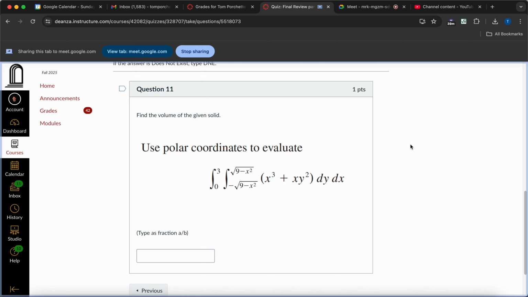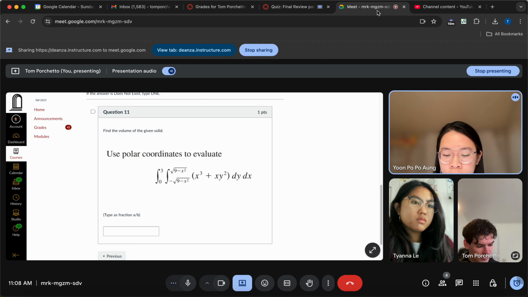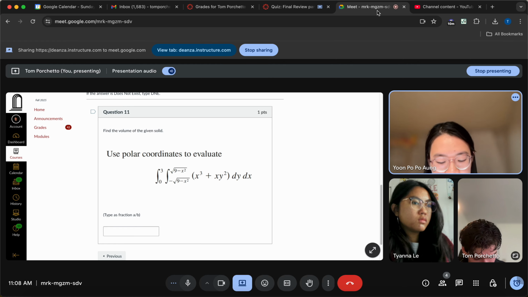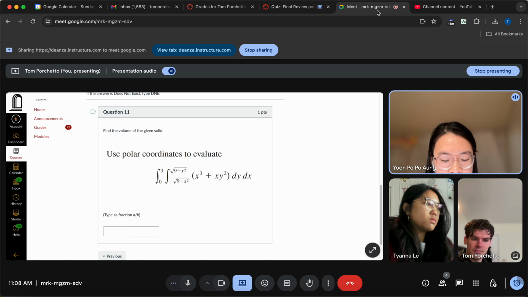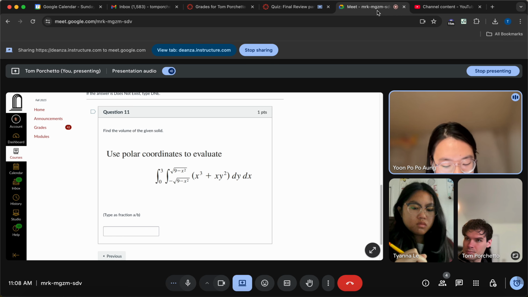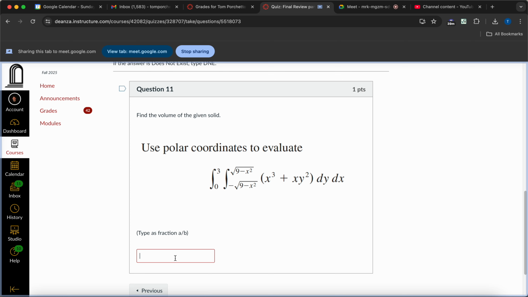And then the function in there is r cubed cosine theta, and dA will be equal to r dr d theta. And then when we integrate that, we will be getting the final answer of 486 over 5.